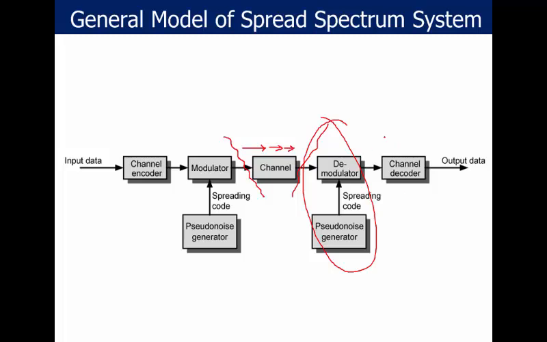From here, this is the receiver side. This is the sender side, right? So modulation and encoding for spread spectrum signals can be performed in this order.